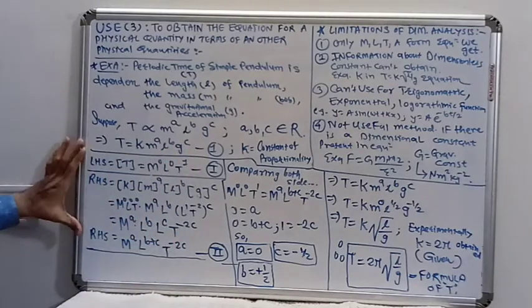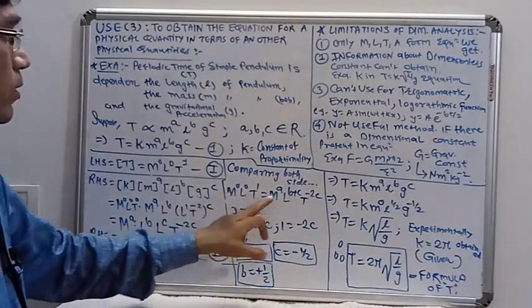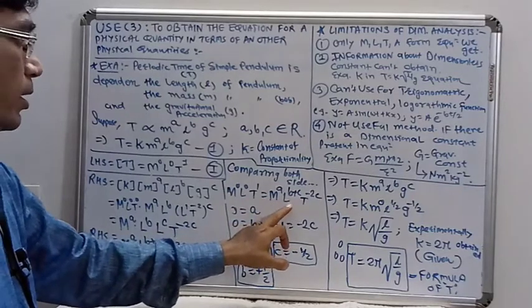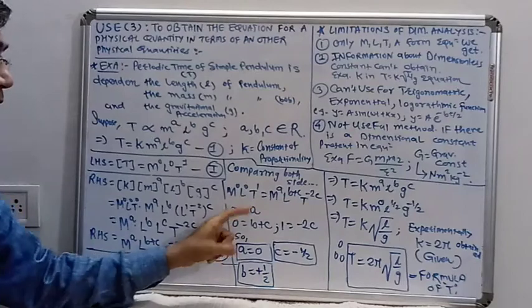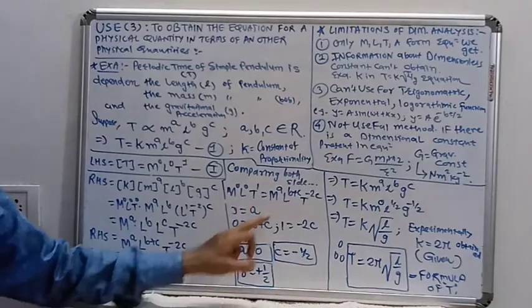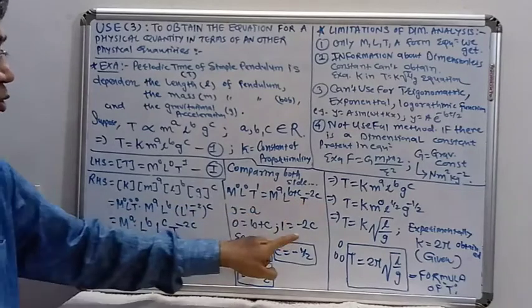Now we compare both equations: M^0 L^0 T^1 is equal to M^a L^(b+c) T^-2c. So 0 is equal to a, 0 is equal to b plus c, and 1 is equal to minus 2c.